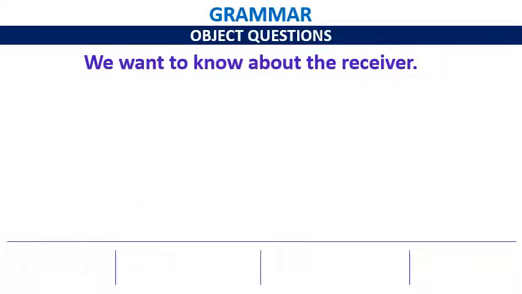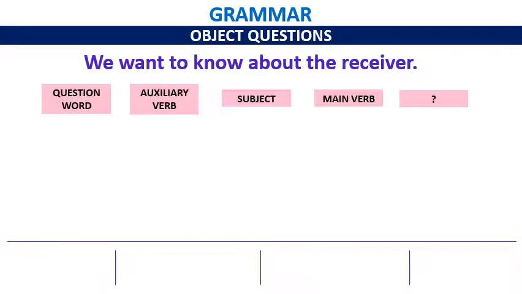Okay. Now let's look at object questions. We want to know about the receiver, so the most important thing here is the object. The construction is question word, auxiliary verb, subject, and main verb. In the first example, I love you, the question word is who.